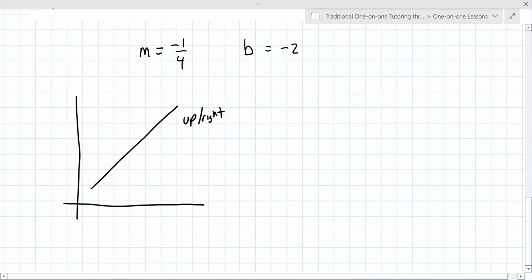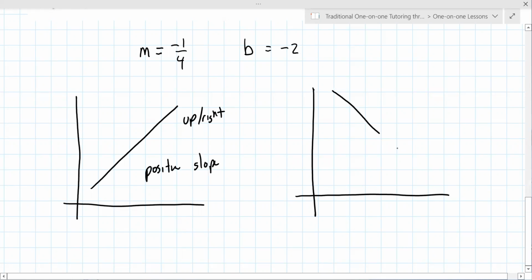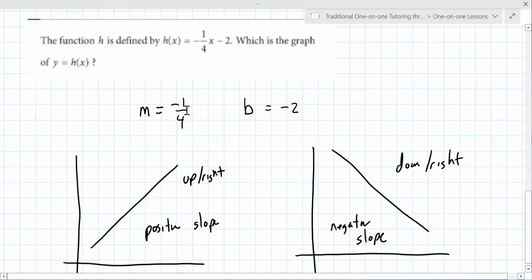Do you agree? Yeah. See that, up and to the right? So this is a positive slope. A negative slope goes down and to the right. So does this function have a positive or a negative slope?